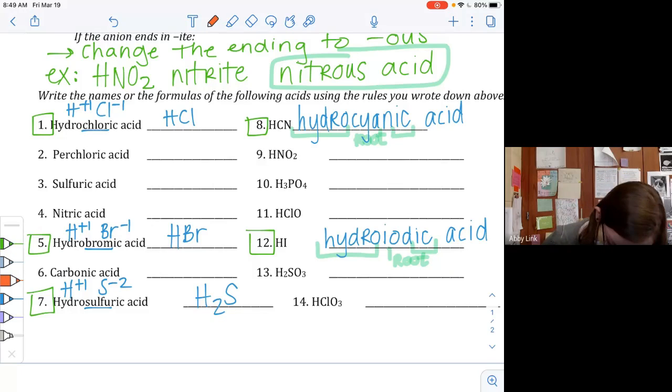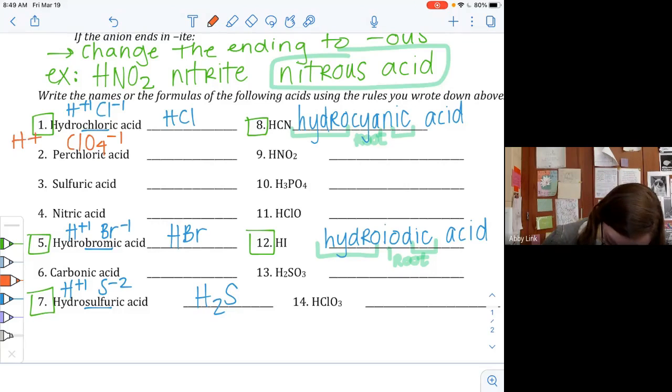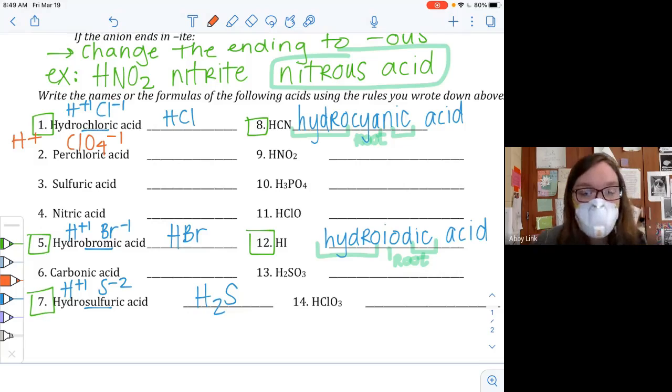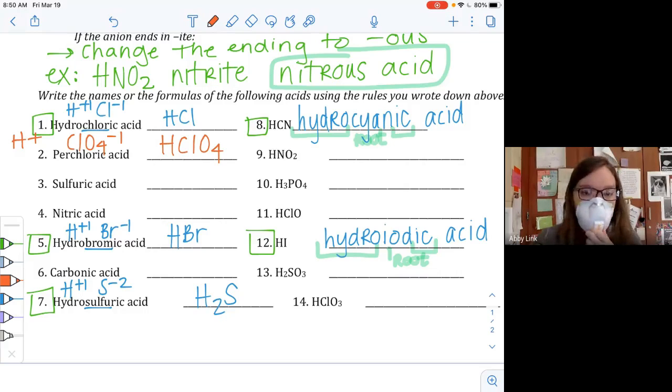Good. So it is ClO4 and it has a -1 charge, right? Did you guys all find perchlorate? It's at the very bottom of the first -1 charge column there. Now what we have to think about is hydrogen is the cation still every single time. So looking at the charges here, I could say that the formula is HClO4 because I need 1 hydrogen and 1 perchlorate.